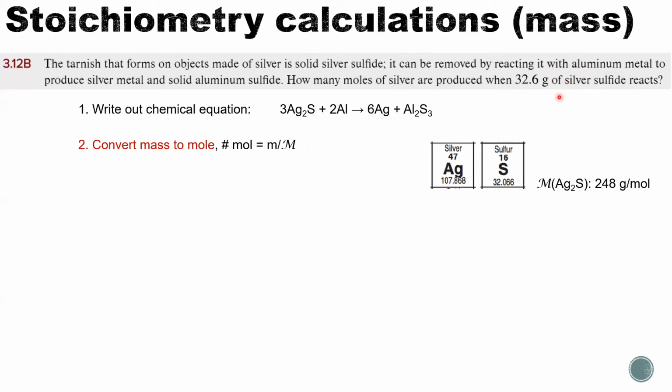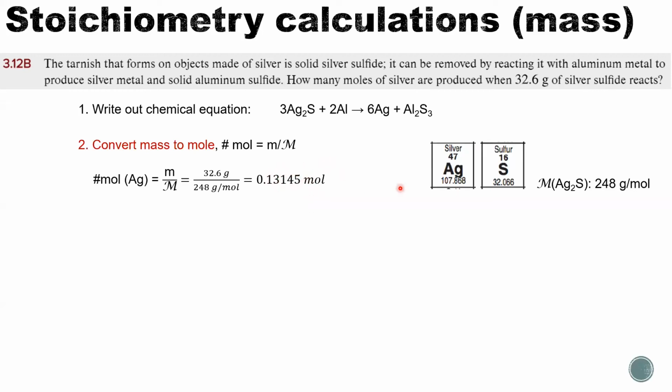Then we can convert this amount of silver sulfide into number of moles. Okay, plug in numbers, and we can get 0.13145 mole of silver sulfide. So pay attention here. I try not to round off in the intermediate steps, and if we need to, I keep a lot of digits, 5 or 6, after the decimal if possible.